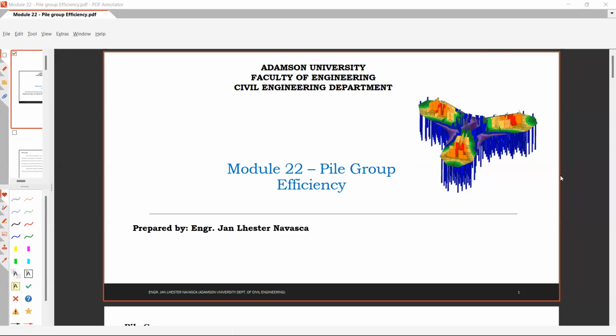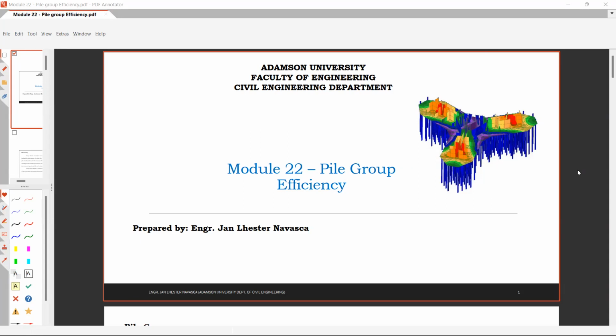Okay, so last meeting for the rest of the finals, we discussed the capacity of driven piles, or the deep foundations, di ba? Which is the driven piles. And we determined how to find the capacity of driven piles.